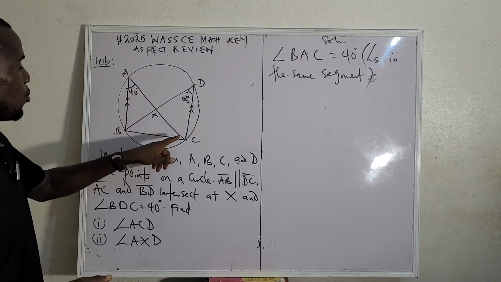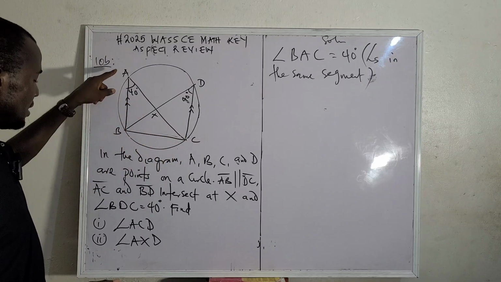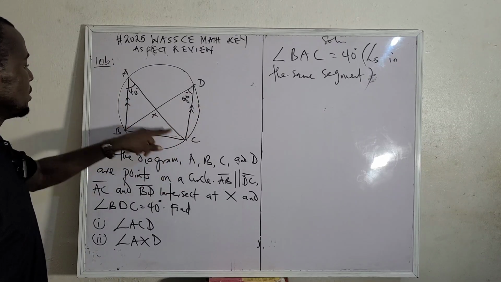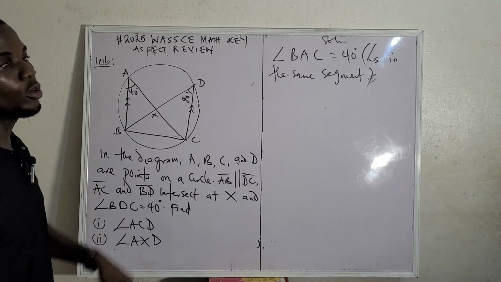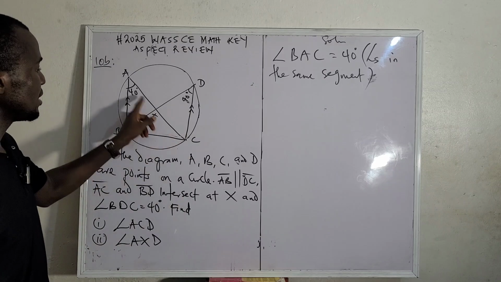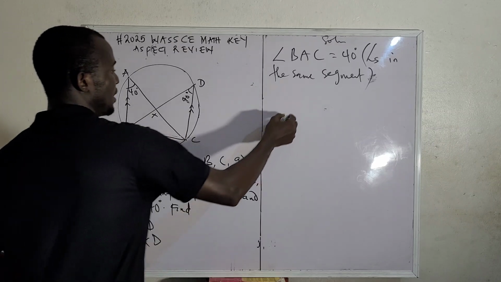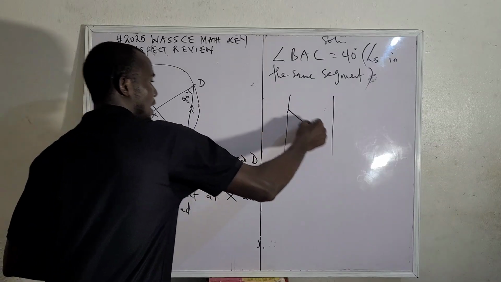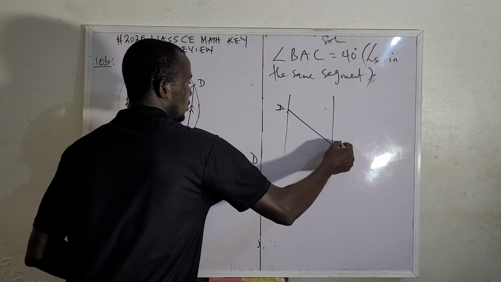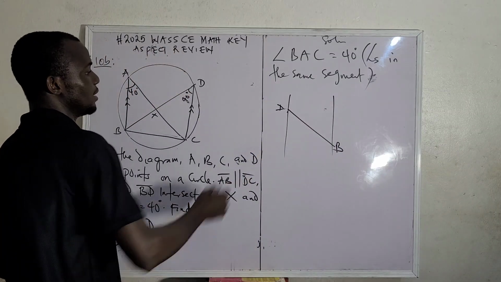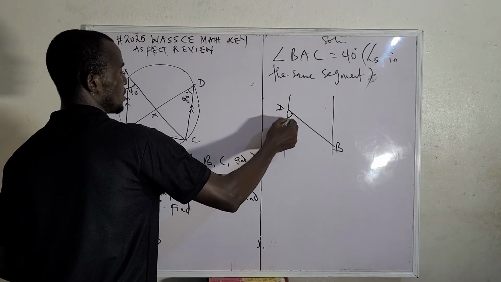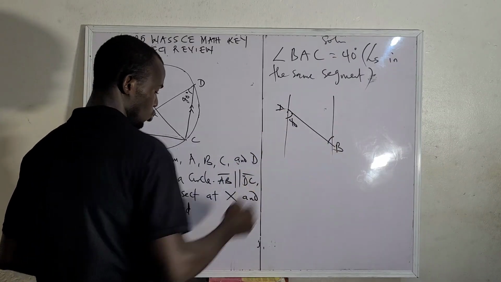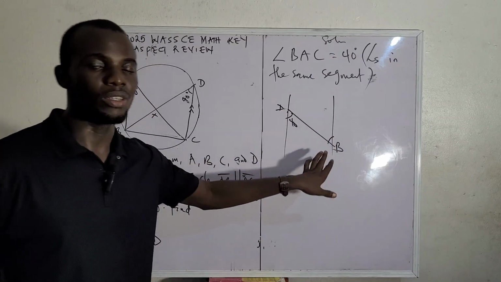Now, but this is what we are looking at, angle ACD. This angle here is also 40 because these are alternate angles. Remember, if we have two parallel lines, this line AC is the transversal. So if here is 40, it means here also will be 40.